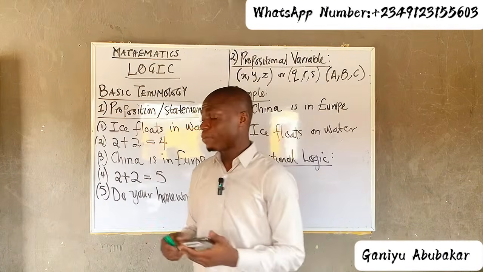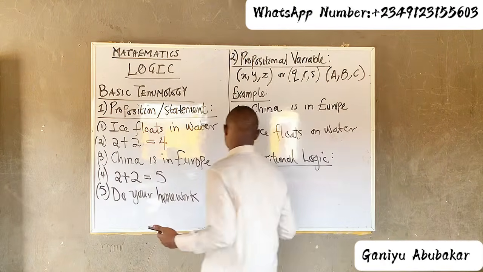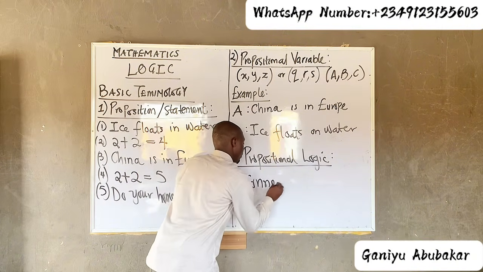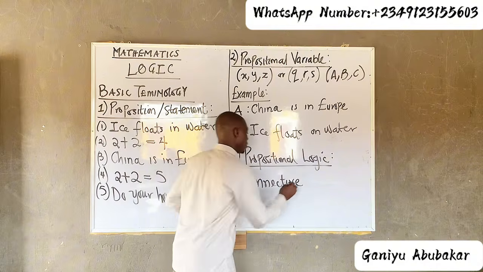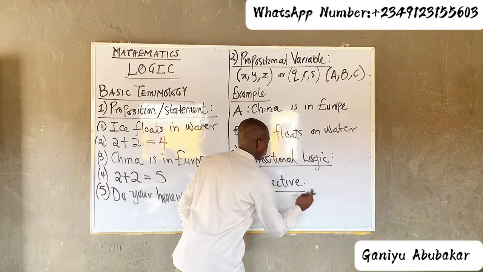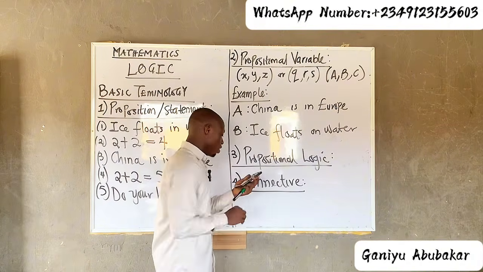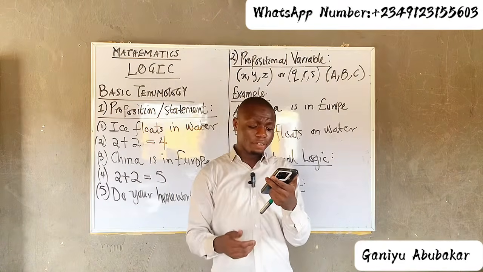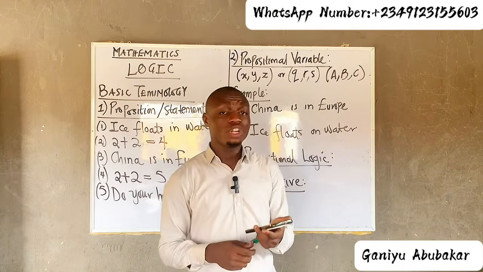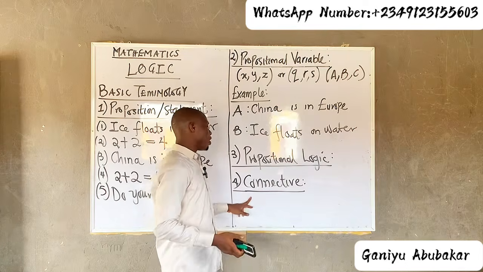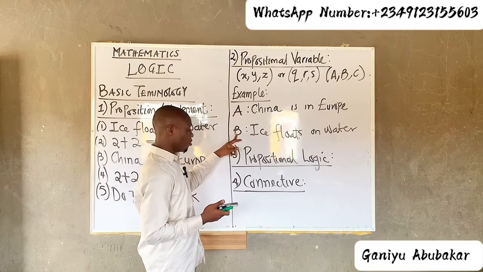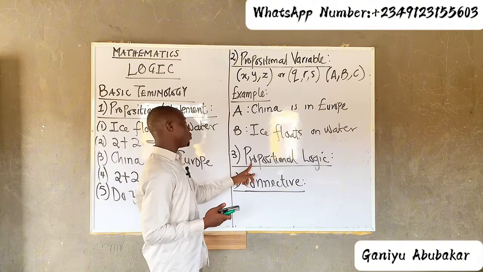So let's look at the final terminology, called connective. Number 4 is called connective. All right. The fourth terminology in the study of logical reasoning is called connective. Let's define connective. The connective connects the propositional variables in propositional logic. So connective helps to connect propositional variables, that is A and B for instance, with a propositional logic.